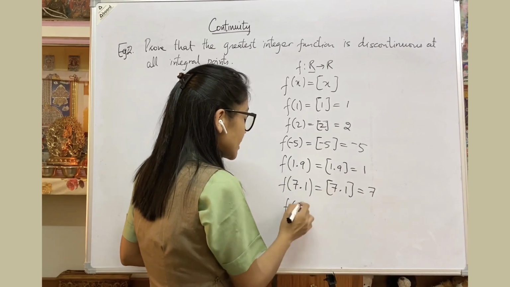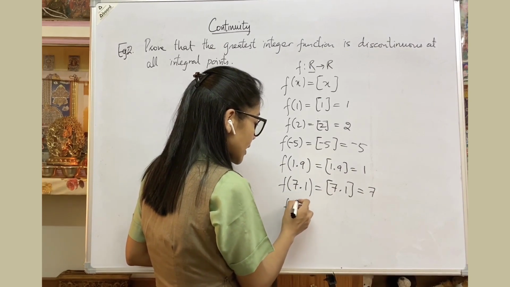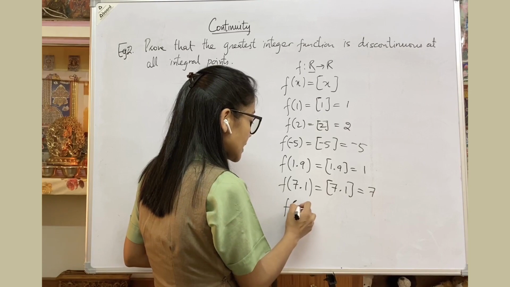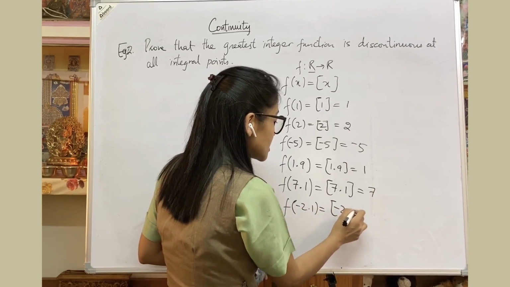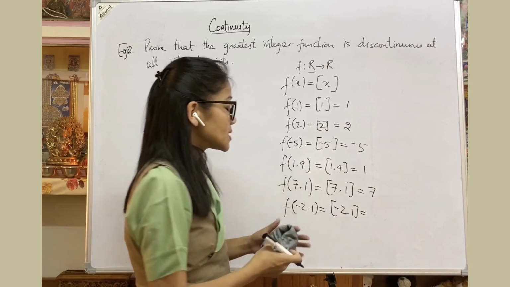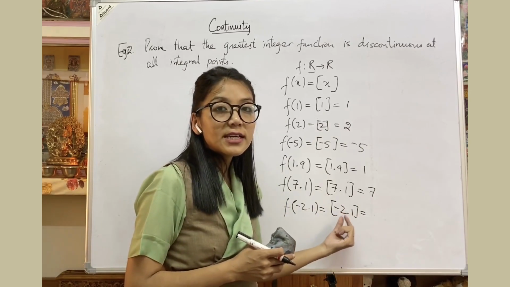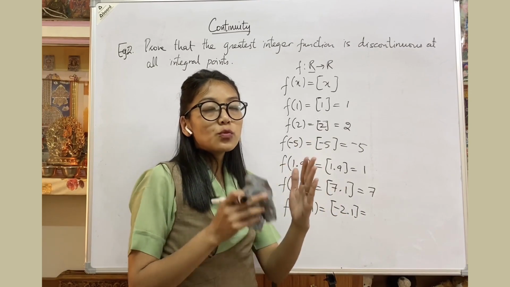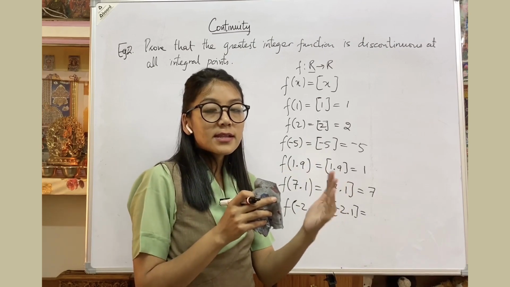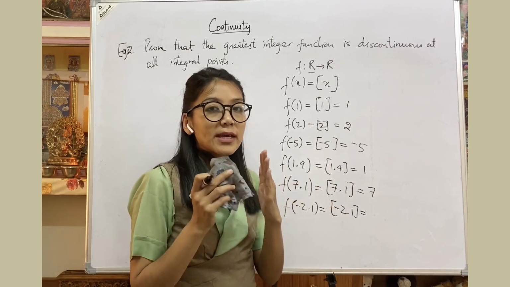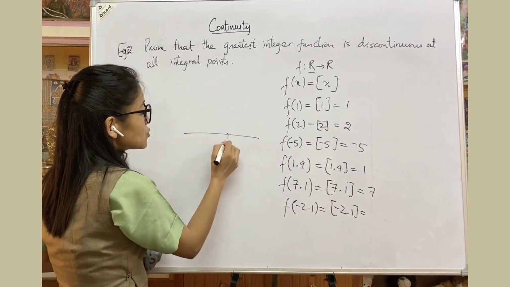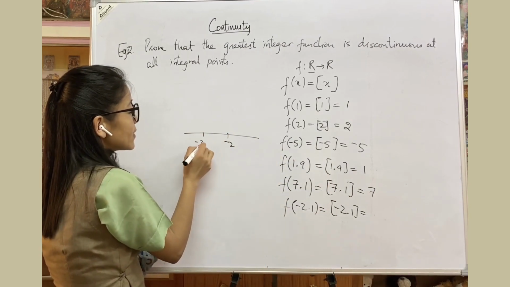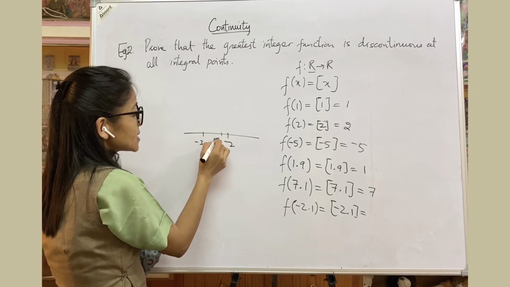Now if I take a negative decimal, say negative 2.1, first you select all the integers which are less than negative 2.1. So it starts from negative 3, negative 4, negative 5, and so on. Negative 2 is somewhere here, then you have negative 3, and negative 2.1 is here.